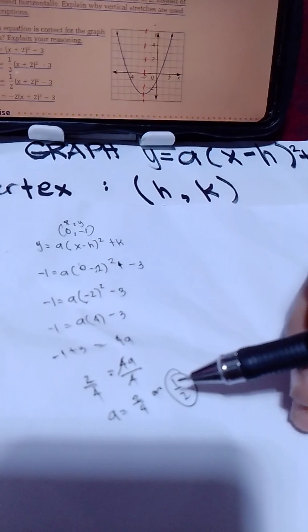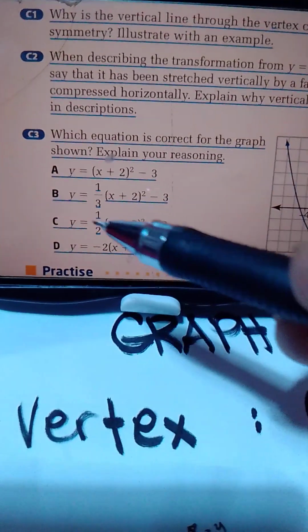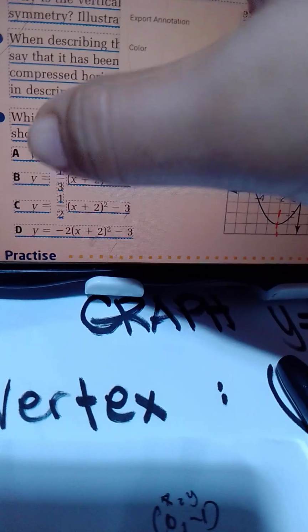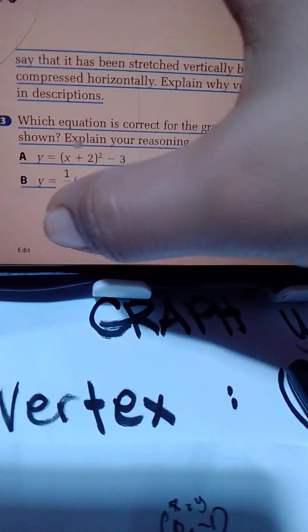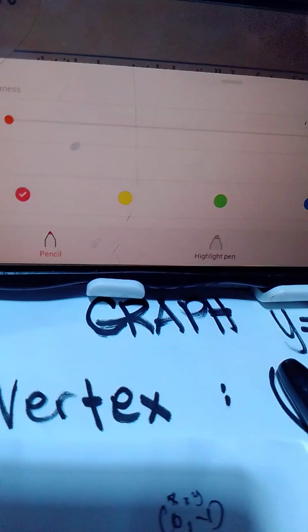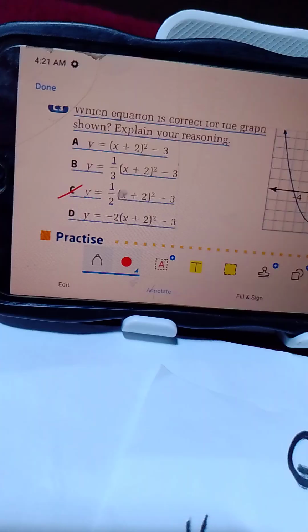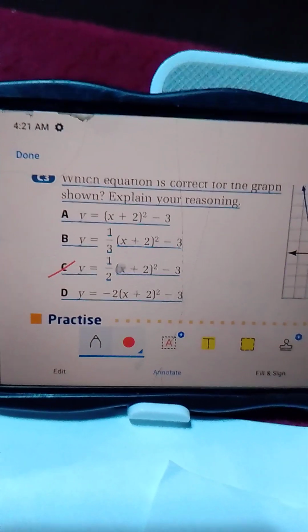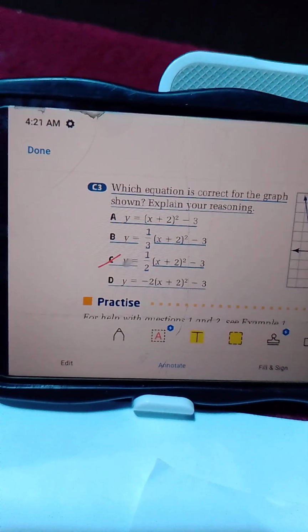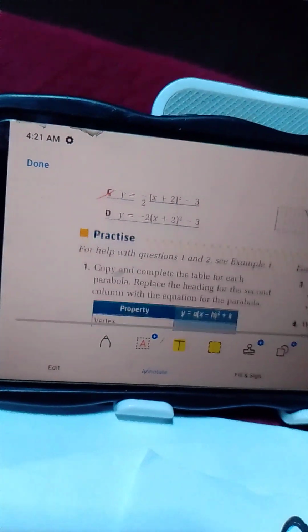So we find 1/2 here, which is letter C. So letter C is our answer. For this problem, our answer is letter C.